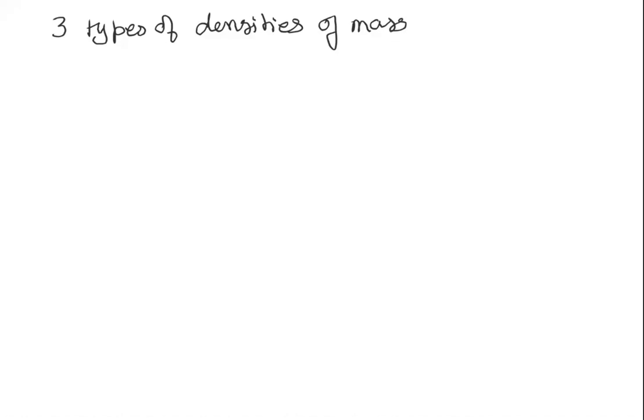In fact, we will be talking about the quantity called energy density when we study electrostatics and magnetism. We can talk about density of charge, which we'll discuss when we talk about electricity. We can talk about density of current, which we will be talking about in the topic of magnetism.